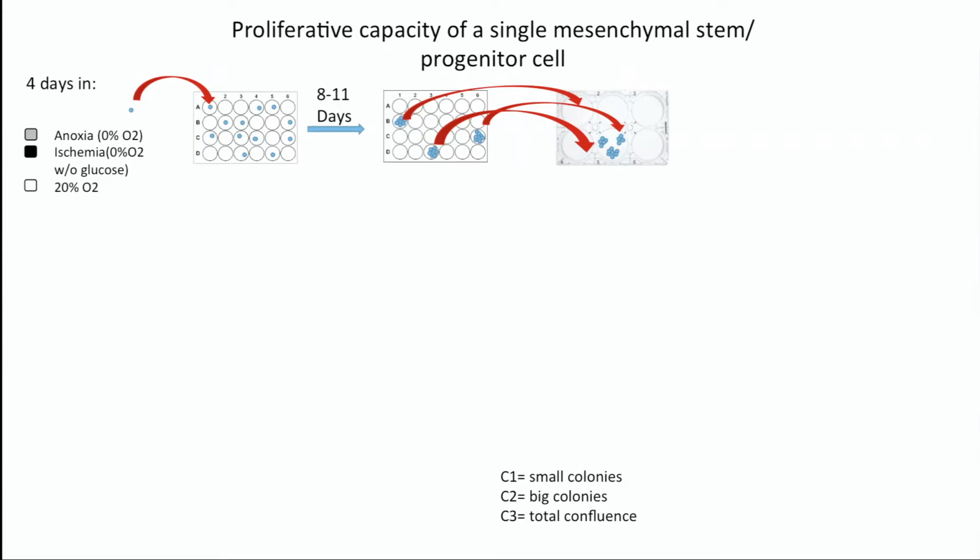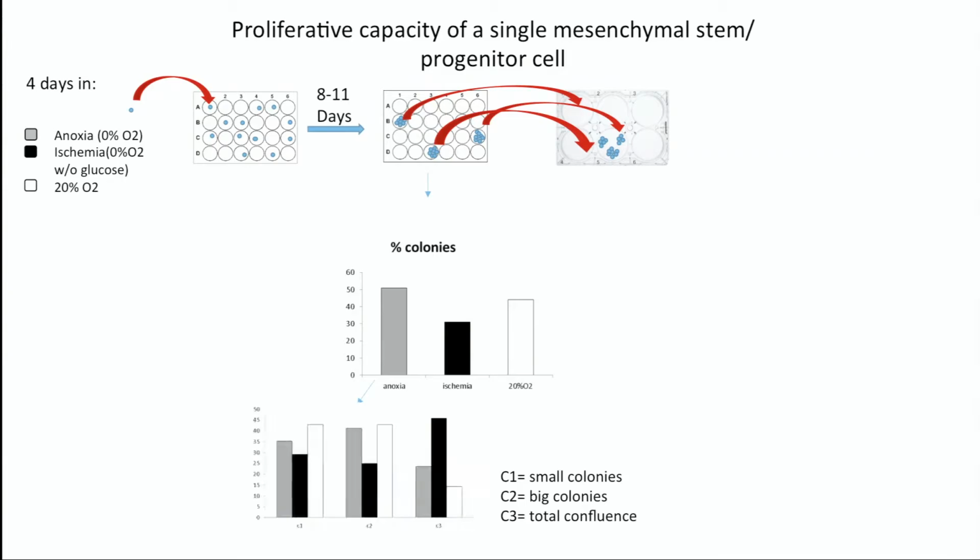Okay. Then we try to investigate what's going on with the particular stem cells in these cell populations, and then we perform a single cell assay in order to evaluate the mesenchymal stem cell proliferative capacity and differentiation potential.